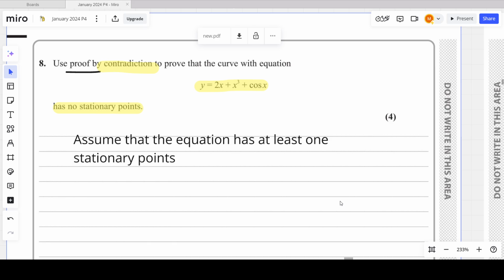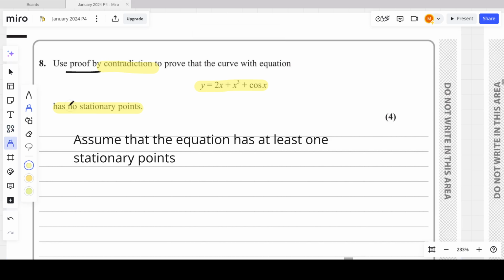What's the opposite of at least one stationary point? No stationary point. That's why I considered at least one stationary point.